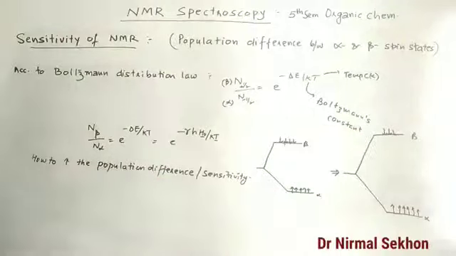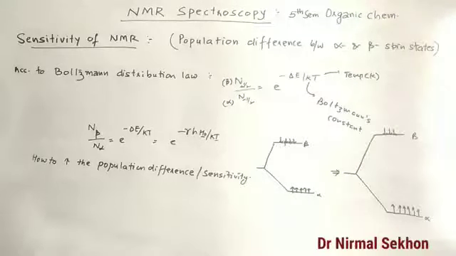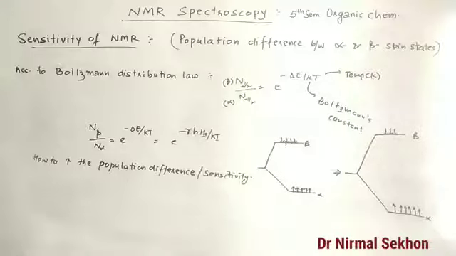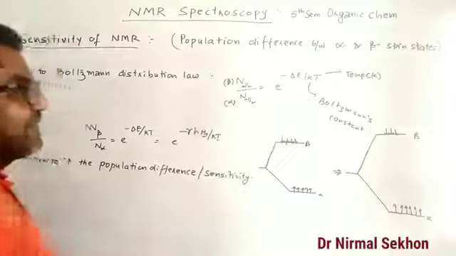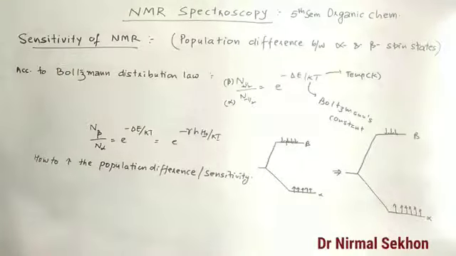Because in NMR spectroscopy, when we apply energy, both processes, simultaneous excitation and emission, take place. Some molecules go from alpha to beta state. When they do, they absorb energy.